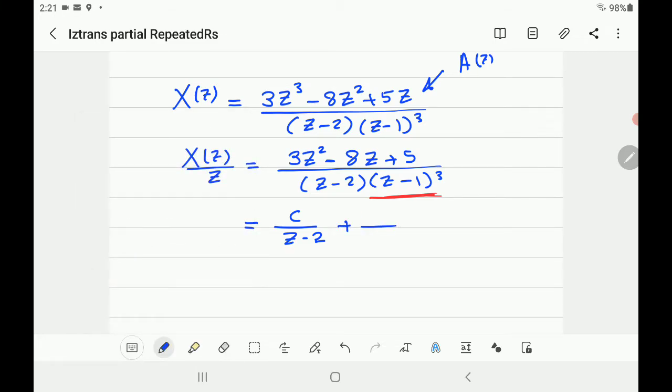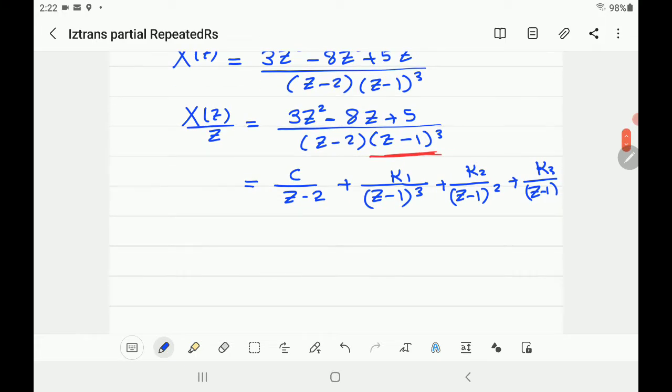Well, you start with z minus 1 cubed. You don't stop, and then you minimize the power of z minus 1, the square, till you reach the last one, and then you stop. You write here k1, k2, k3. Great. Now we need to find the constants c, k1, k2, k3.